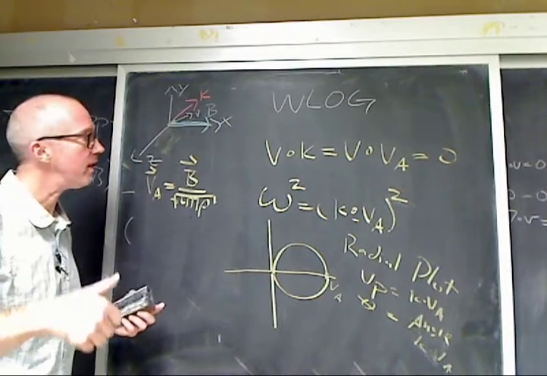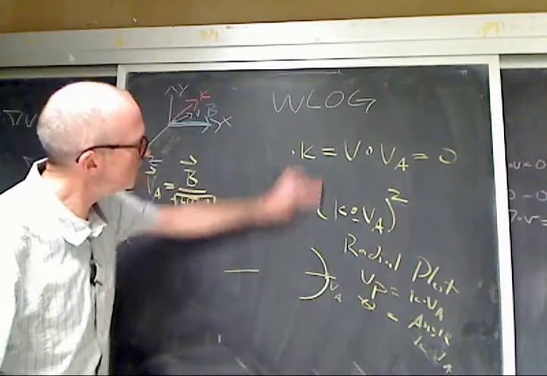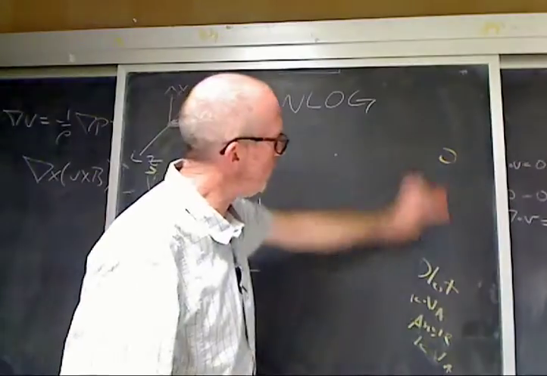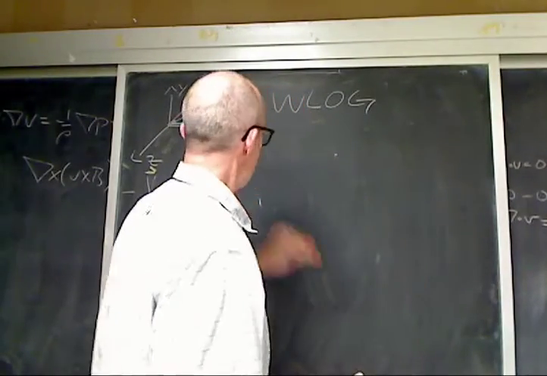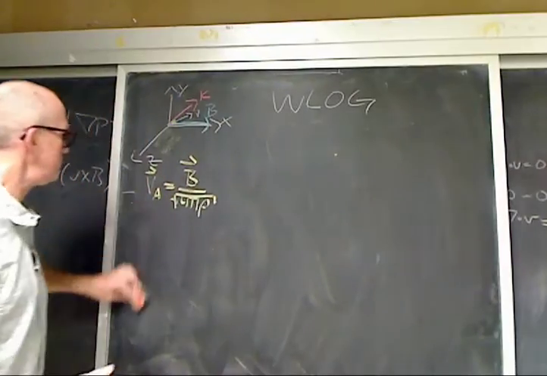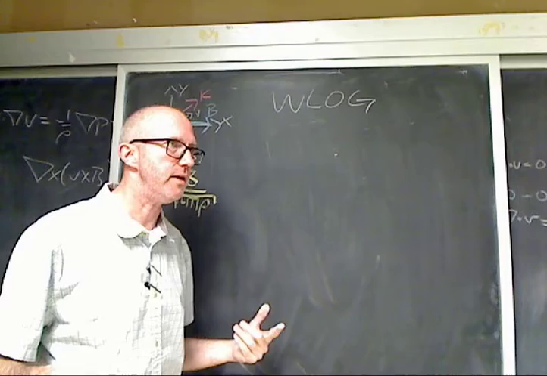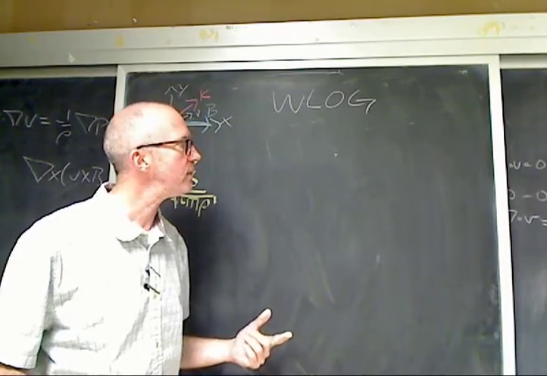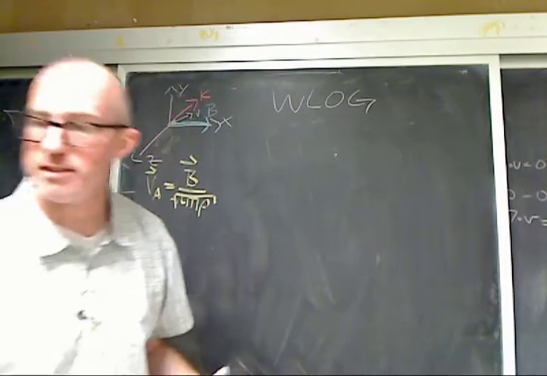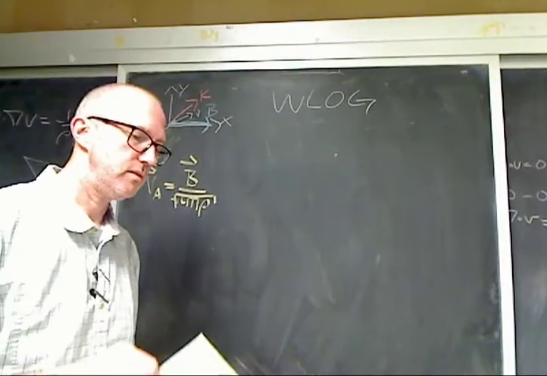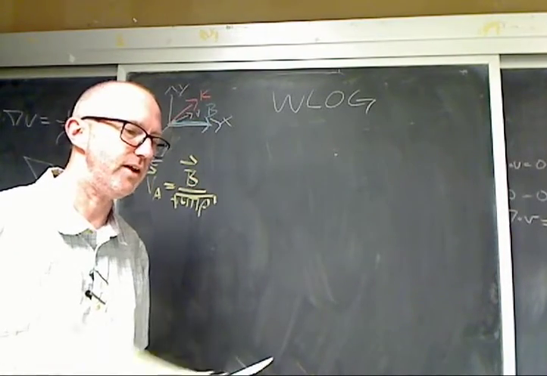I'll show you why that works in a second. So now there's a number of different ways you can solve these equations to get at the properties of the non-Alfvén waves, the other two waves. I'm going to do it this way because I don't know, I like this way.